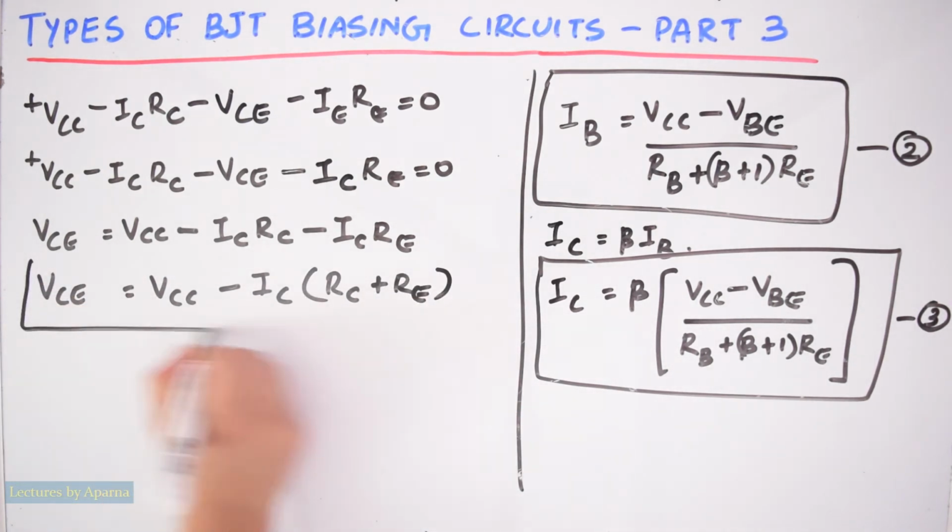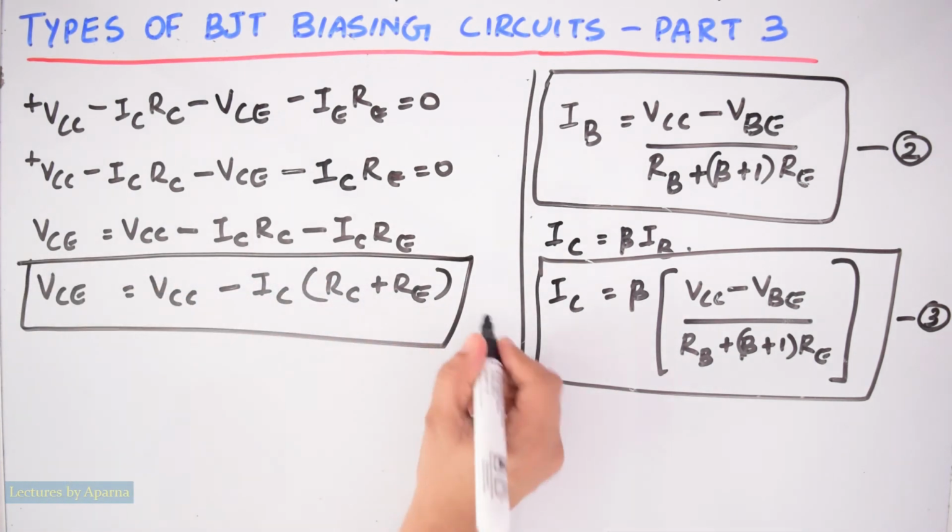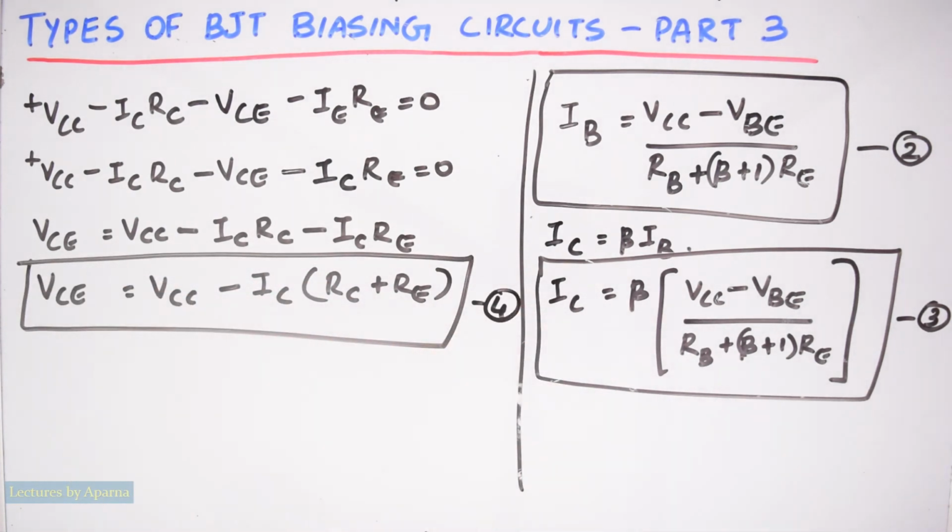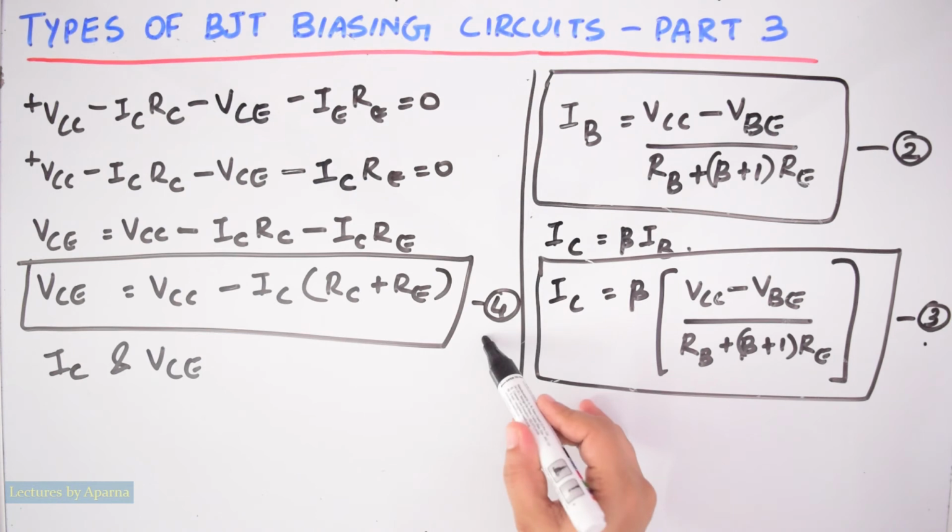Let this be equation 4. Operating point is determined by the value of IC and VCE. So operating point is found using equations 3 and 4.